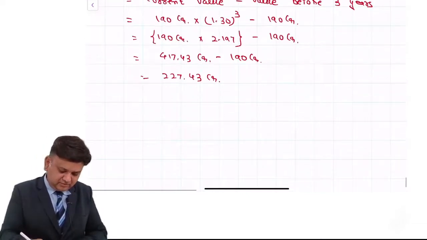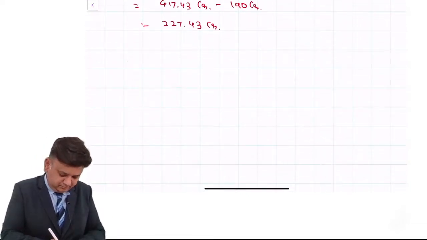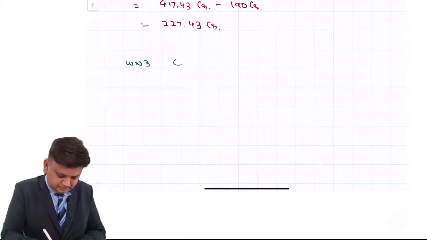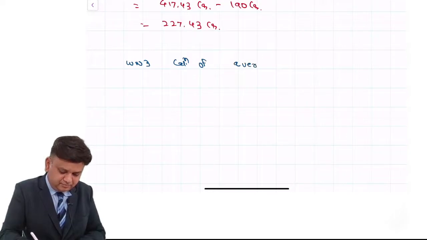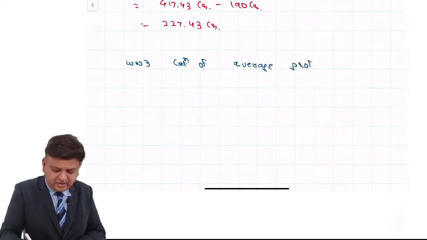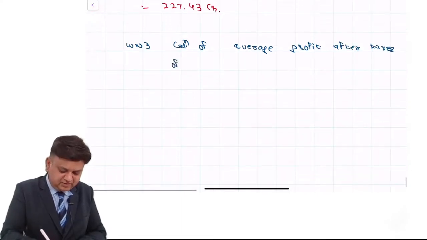Working note number 3, calculation of average profit after taxes of next 5 years.